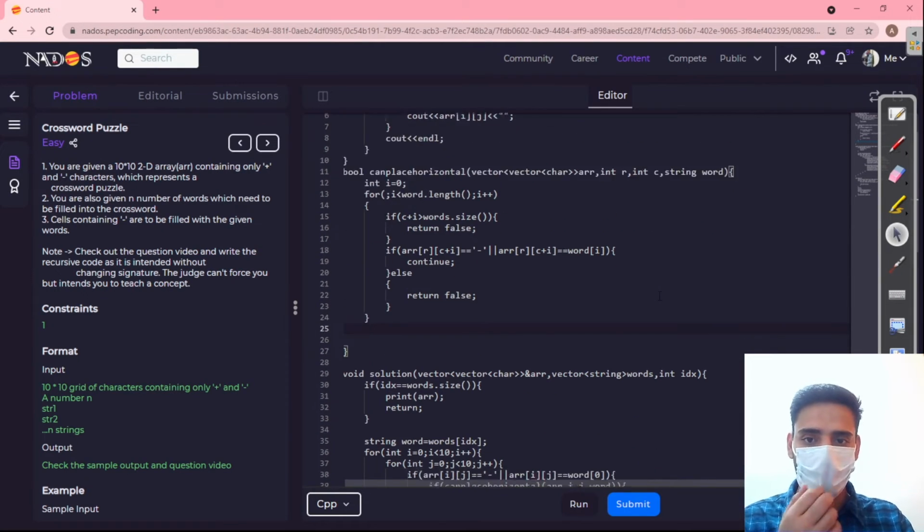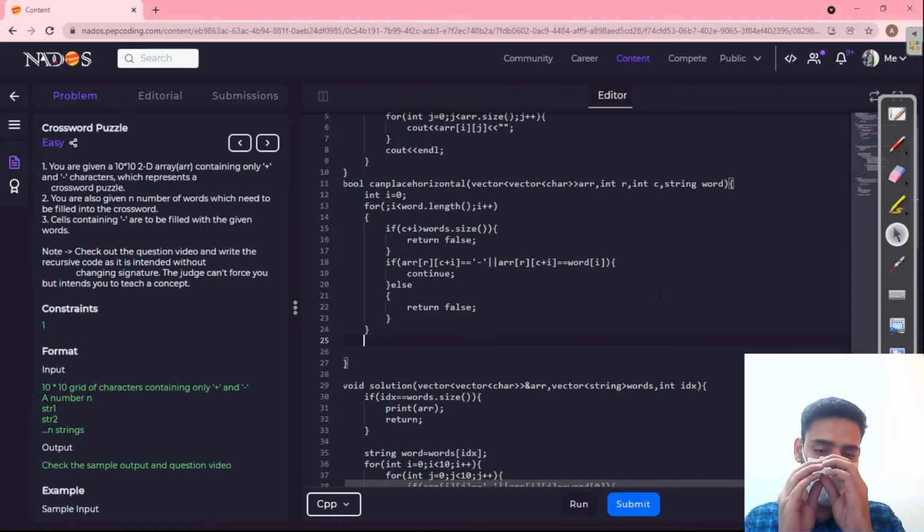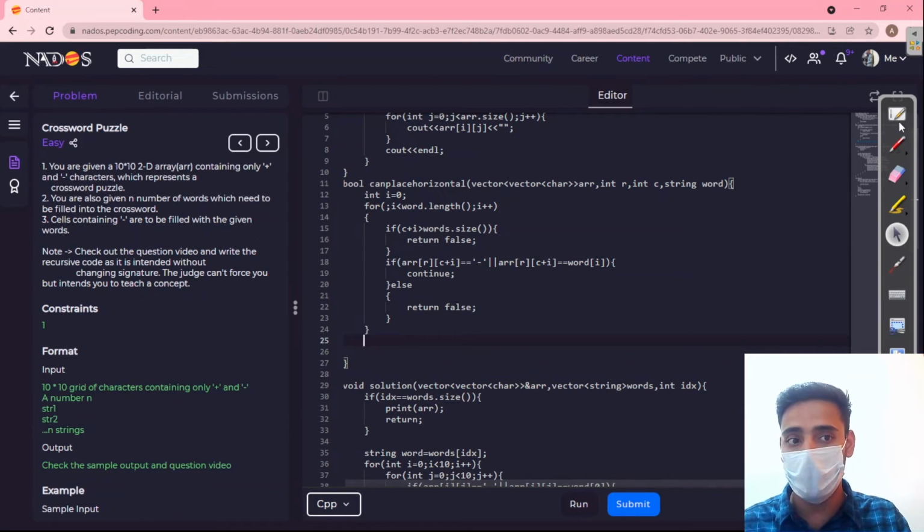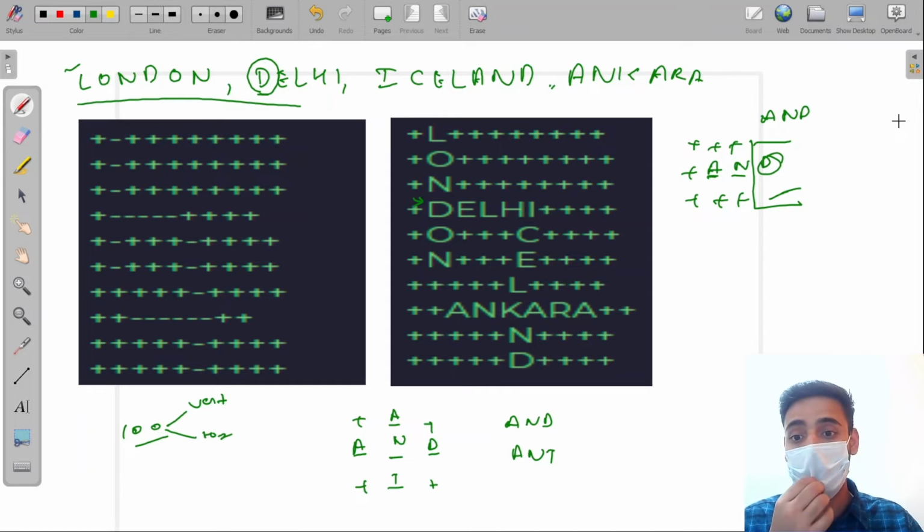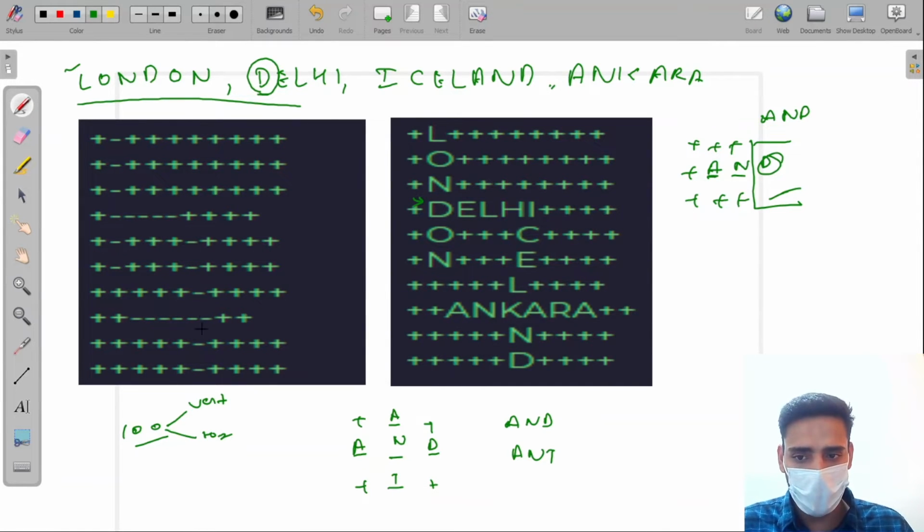Now when we come out of this loop, we have checked all the conditions. Now we have to check whether our word completely fits or not. Just suppose this is the vacant space we are getting. Definitely, if we have to place Delhi, we can simply place Delhi here, DELHI. We have a space, but we have to check one more thing: is it a perfect fit or not? What does perfect fit mean?